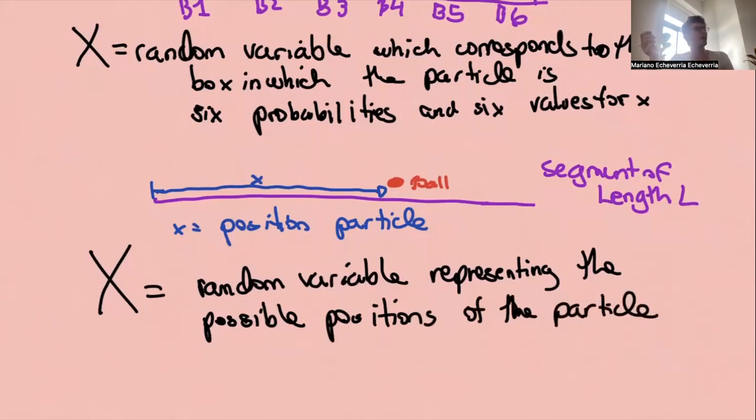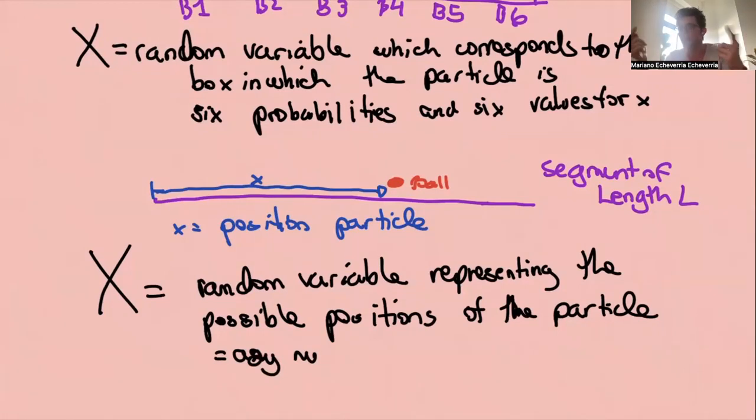But because now there are no divisions or anything else, the particle can be anywhere on this interval, right? So it could be anywhere on the interval from 0 to L. So the outcomes are all the numbers x on the interval [0, L]. Instead of calling the outcomes x1, x2, x3, you can no longer do that.